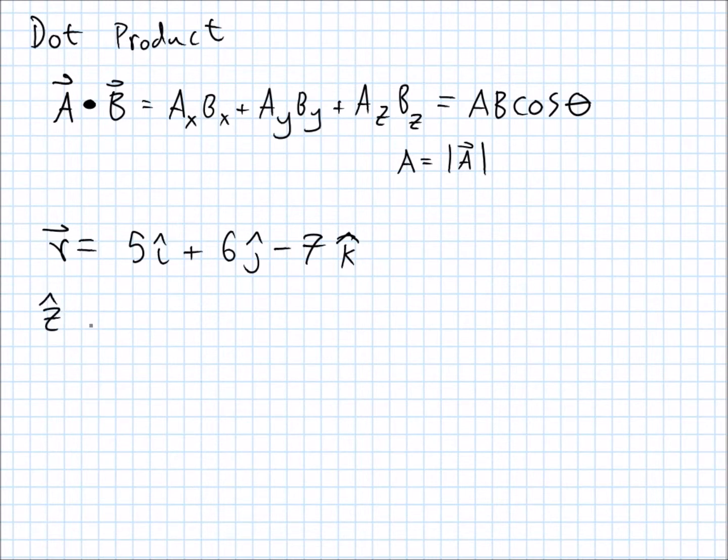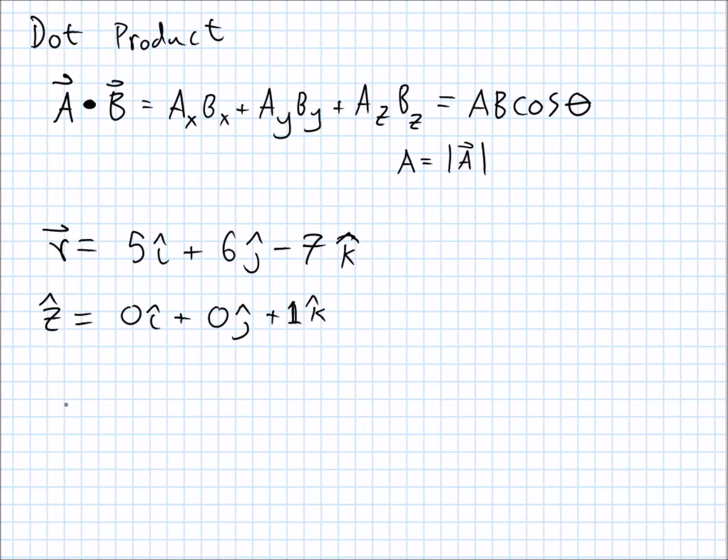The z-axis has a 0 x or i component. It has 0 j component, but it is pointing in the z, or the direction of the k-hat vector. So I'm going to put a 1 there.